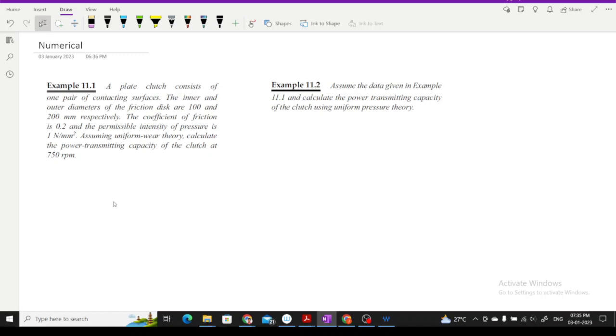You can note down the given data. Capital D is given as 200 mm, small d is given as 100 mm, and the coefficient of friction is 0.2.